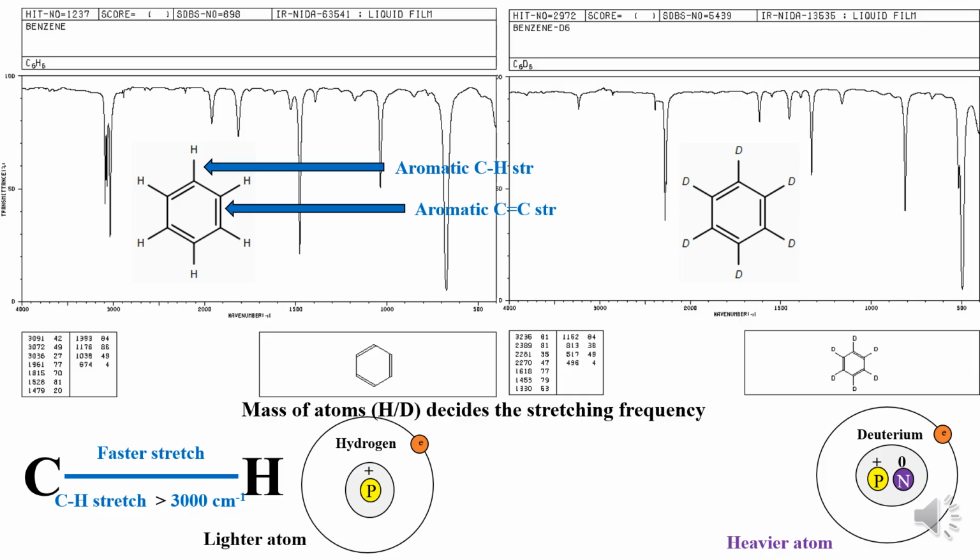So higher frequency is required in order to match this CH stretching frequency. And in case of carbon deuterium bond, it stretches at a slower pace. And in order to match this slow stretching carbon deuterium bond, a lower wave number around 2270 centimeter inverse is required.